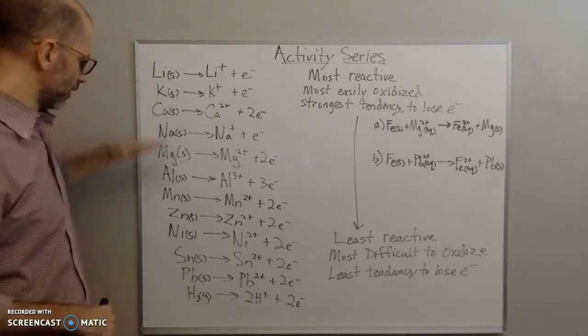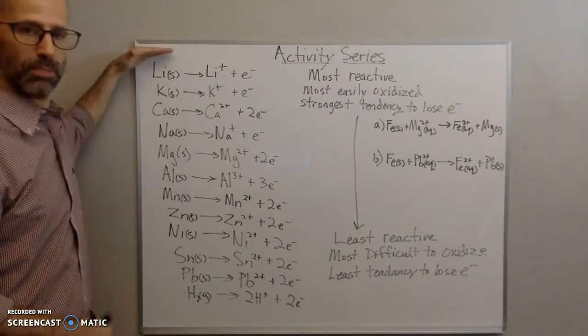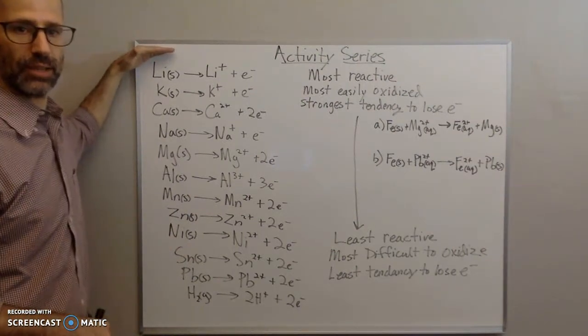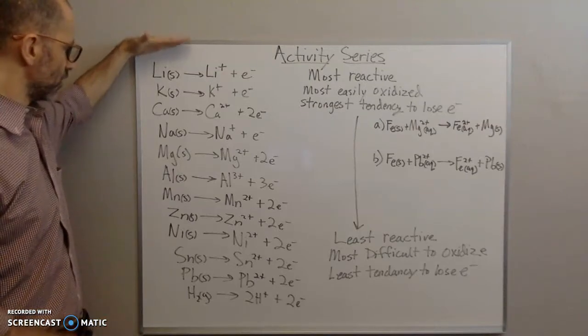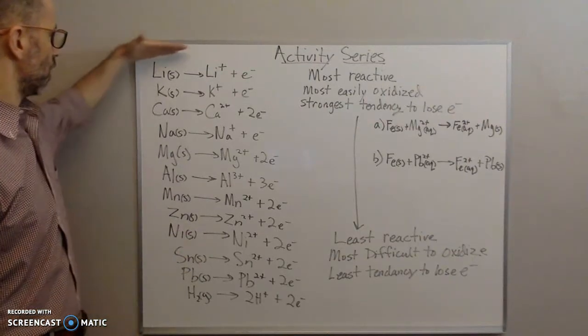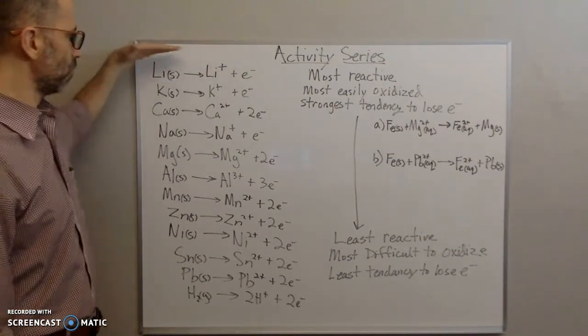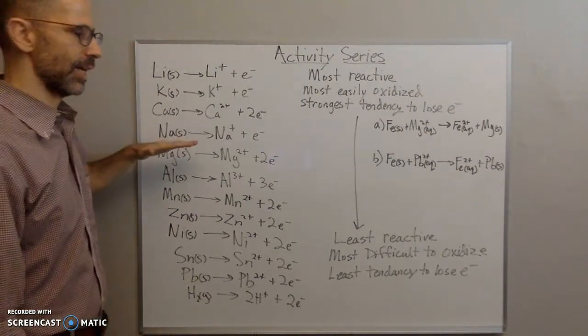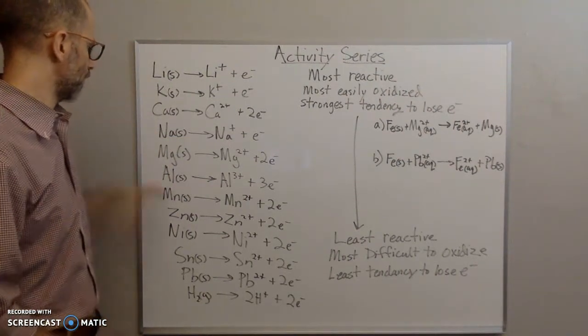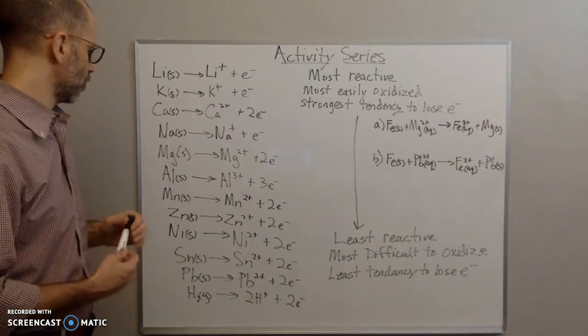So this is your activity series, or this is part of the activity series. This is not the full activity series. But here, it's enough to show you that anything at the top of the activity series is going to be more reactive than anything at the bottom of the activity series.